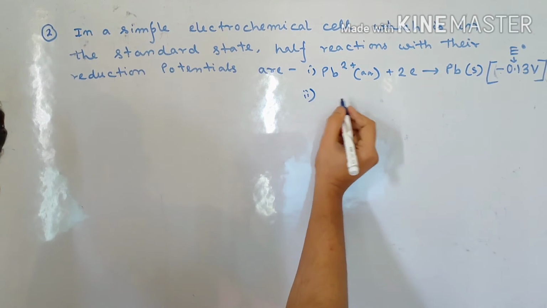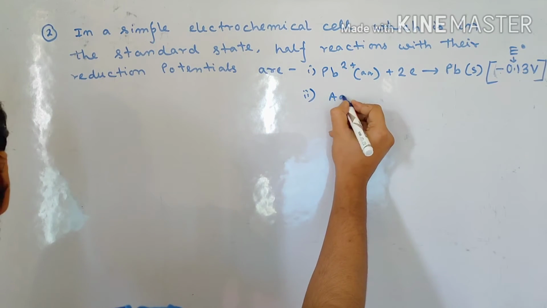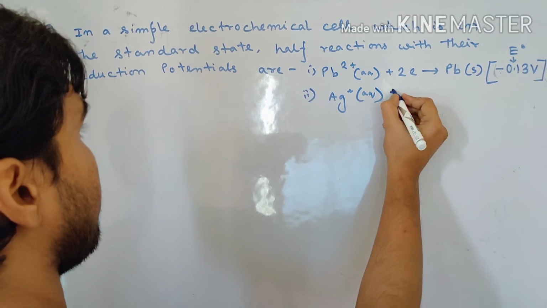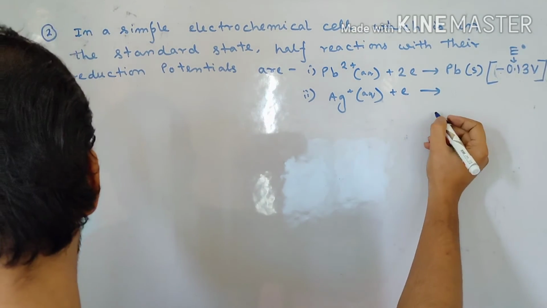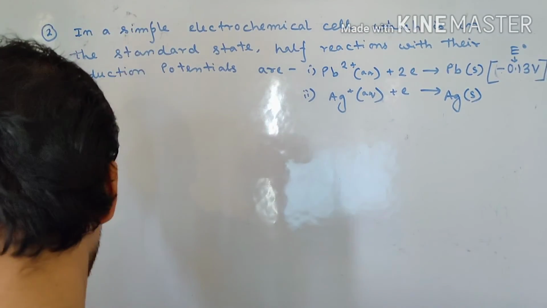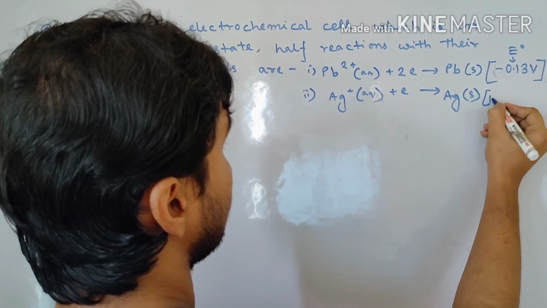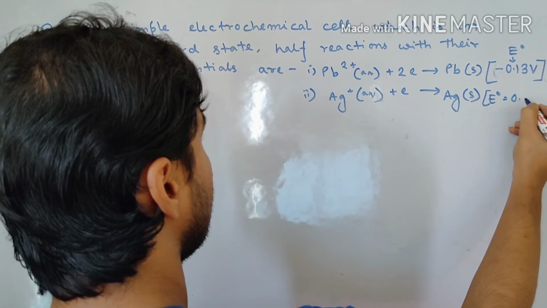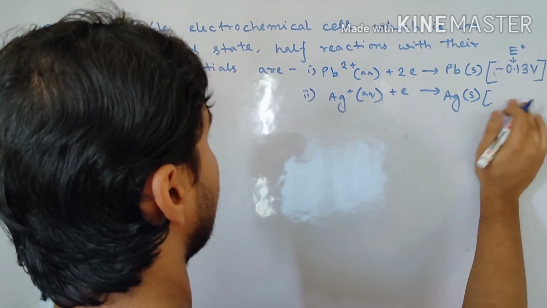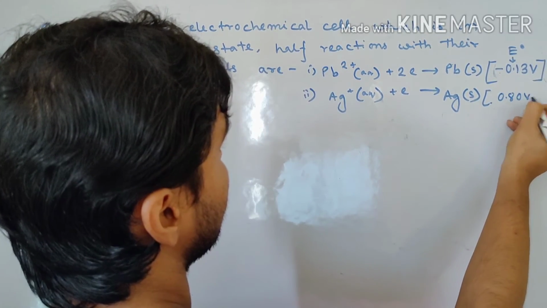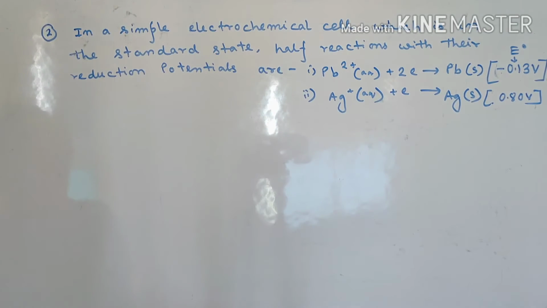The second one is silver plus aqueous plus electron giving rise to silver. E0 is simply 0.80 volt.